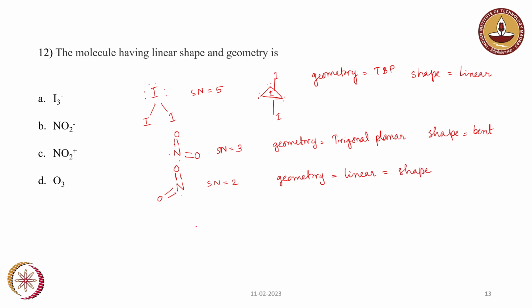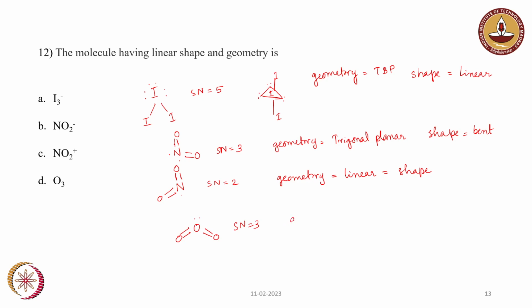Last one is O3. Oxygen has 6 electrons in its valence and forms two bonds with other oxygens. So steric number is 3, that is 2 bonds and 1 lone pair.